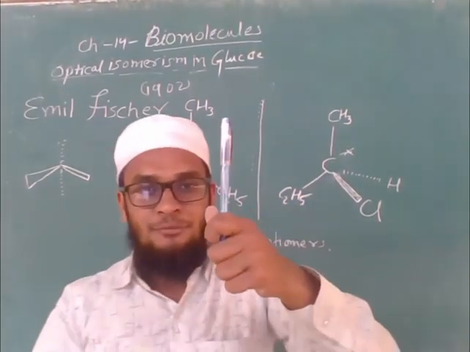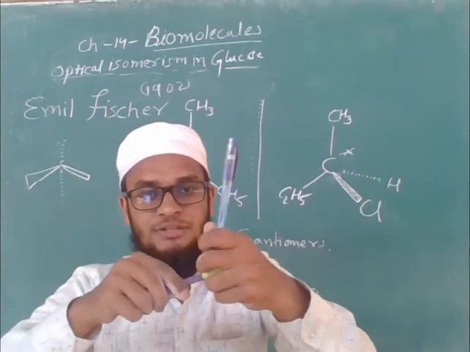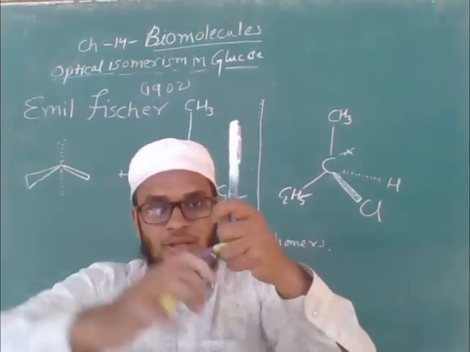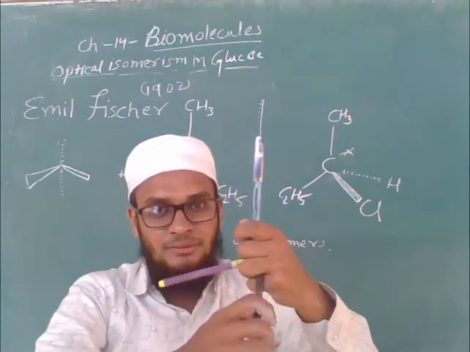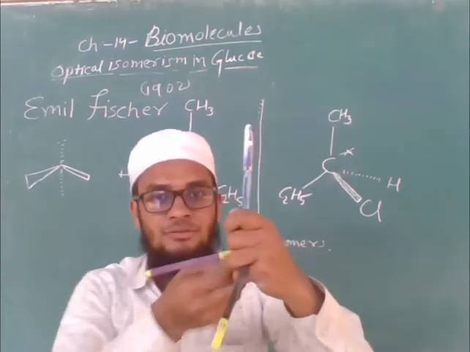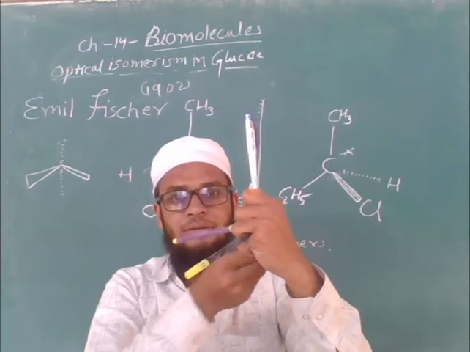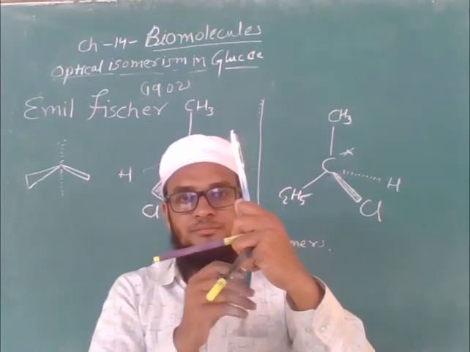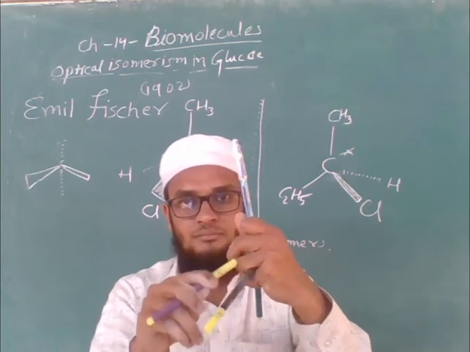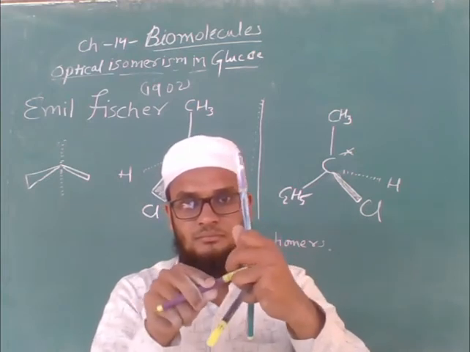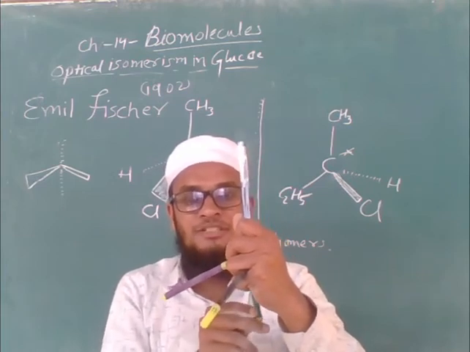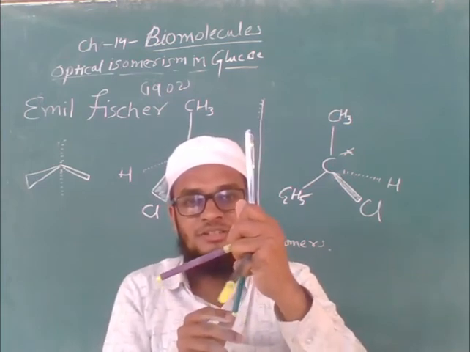This one is my first group, this one is second. Both are in the plane. This is coming out of the plane and this is going in the plane. Okay. Now you can see all four. These four. Now what Fischer has done, Fischer has just changed this like this.